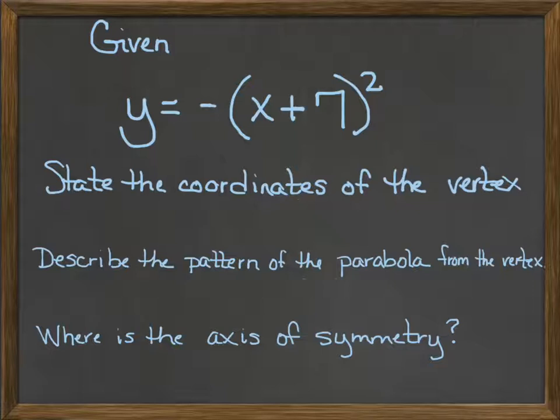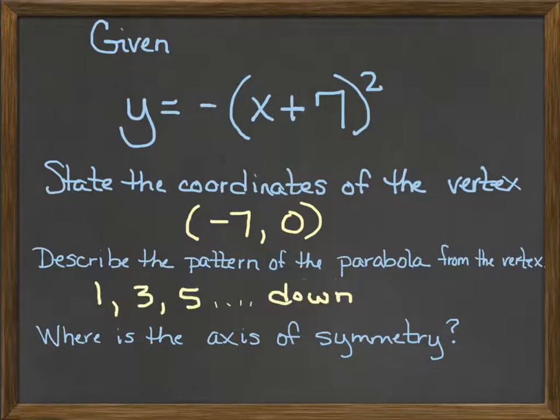So the coordinates of the vertex are -7, 0. The pattern is going to be the same. This time a is -1, so the parabola is not going to be concave up, it's going to be concave down, but it's going to hold the same pattern. And the axis of symmetry is still the x-coordinate, so it's x equals -7.